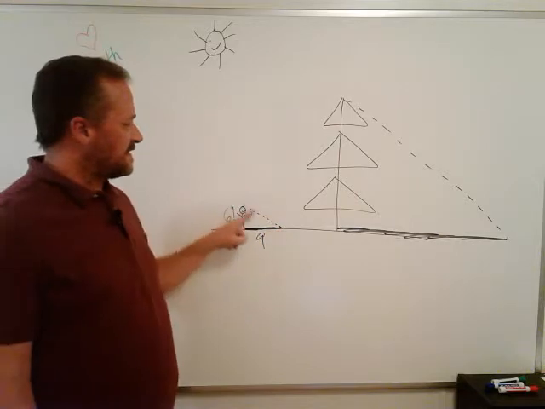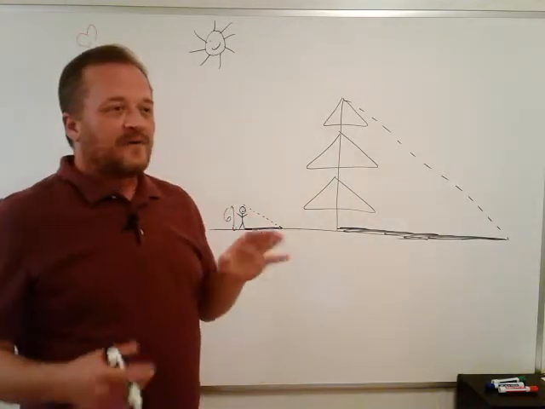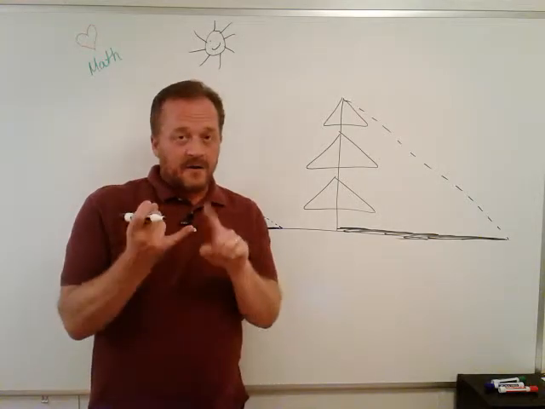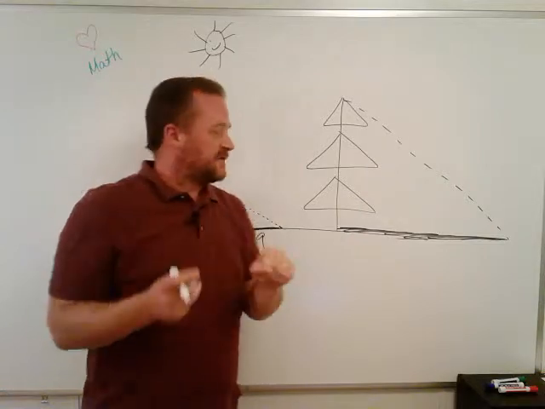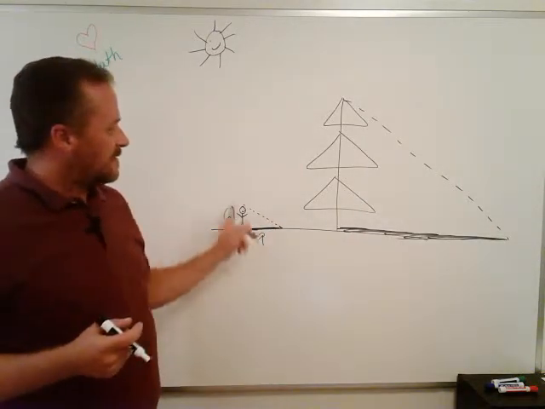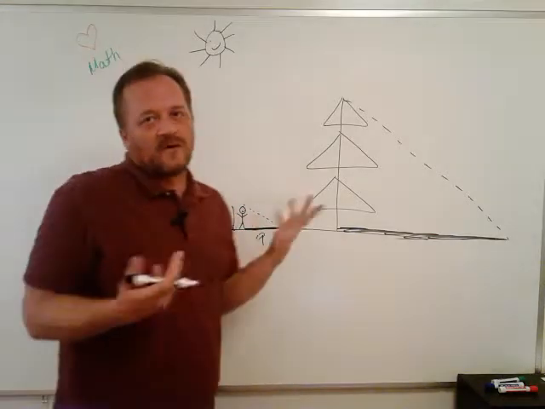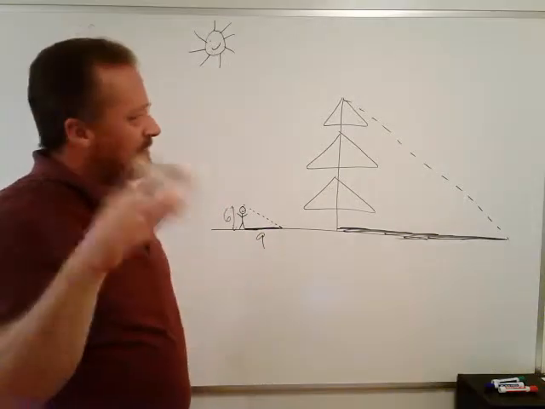Do I really need to know this? Remember when we were dealing with those other triangles, all we really needed to know was the unknown and one other corresponding ratio. So I really only need my height and my shadow. I don't really need this. So I'm not going to worry about measuring from the top of my head to the point of the shadow. I could, but why?